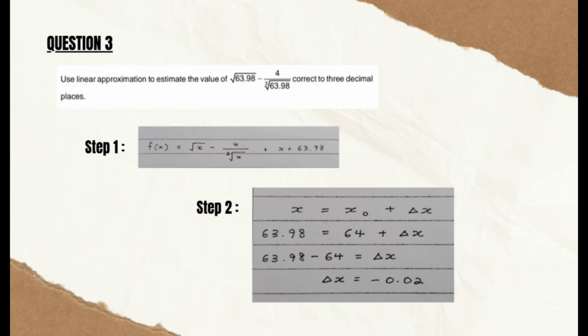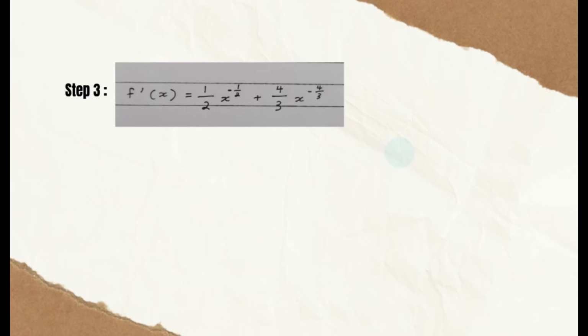That is 63.98 minus 64, so we get negative 0.02 for delta x. For the third step, we differentiate f of x to become f prime of x. For the fourth step, we find the value of f of x now and f prime of x now by substituting 64 into the equation.